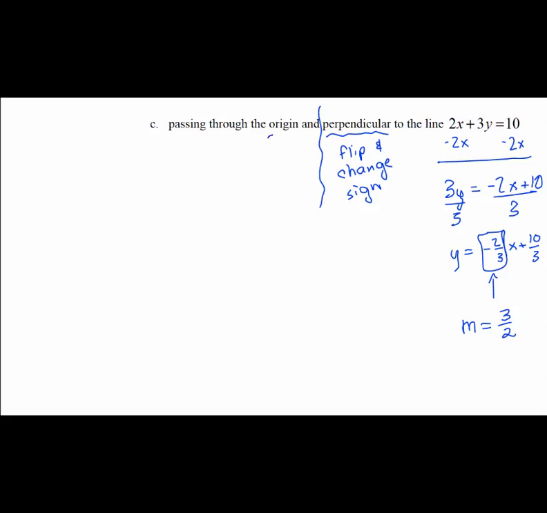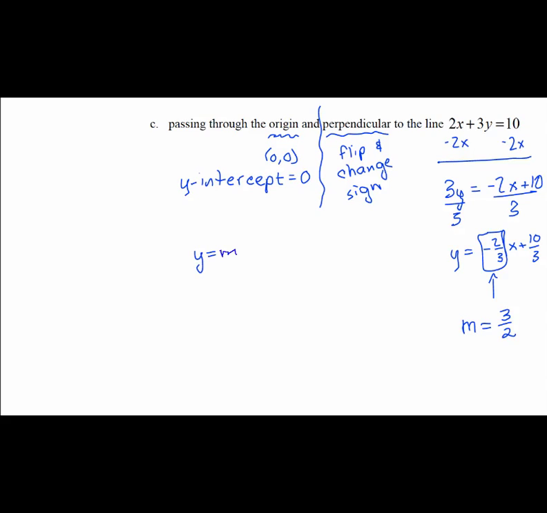Passing through the origin, that's the point (0, 0). This problem is going to be a little bit easier because we now know that the y-intercept is equal to 0. In the previous two examples, we were given a point on the line, but we didn't know the y-intercept explicitly.